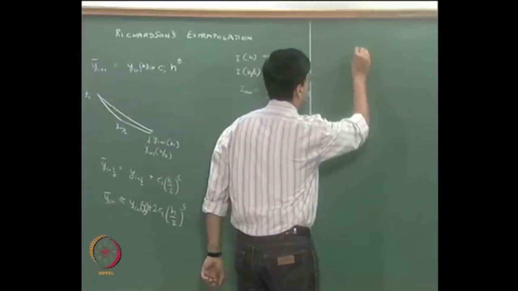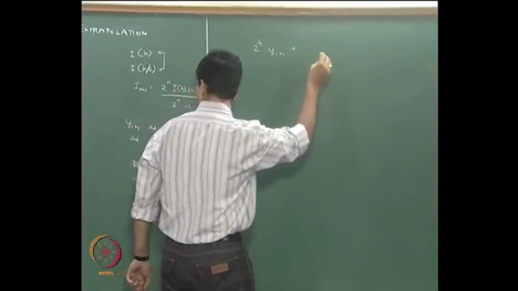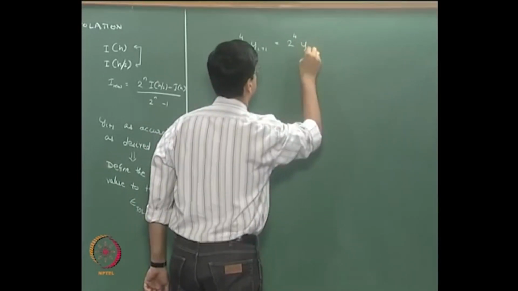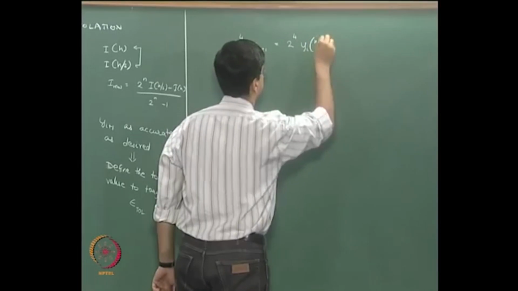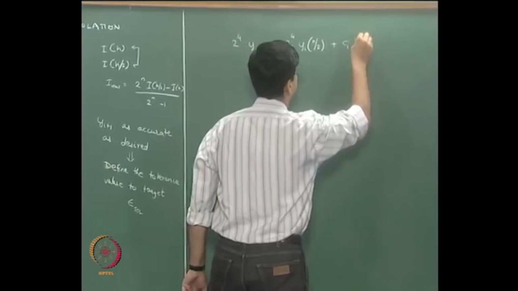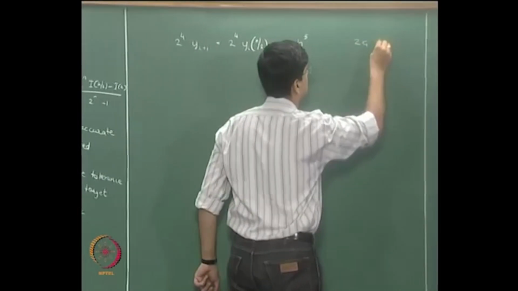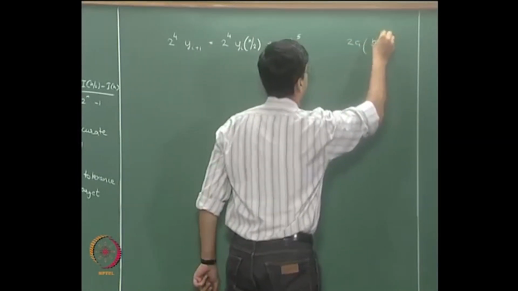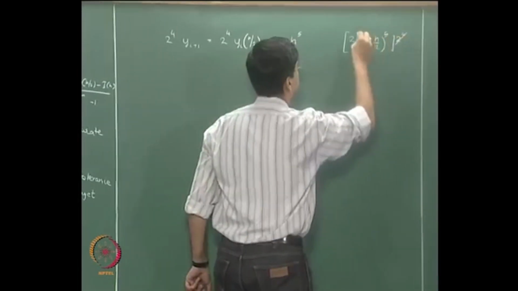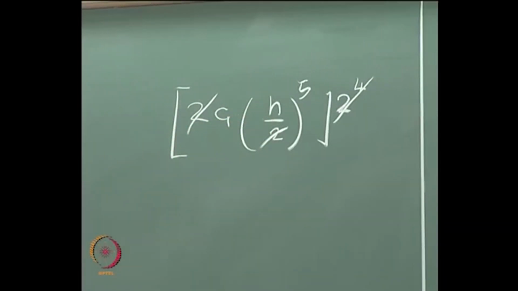So we will get 2^4 y(i+1) equal to 2^4 multiplied by y(i) at h/2 plus c1 h^5. We had 2 times c1 (h/2)^5. When we multiplied this with 2^4, all this got cancelled away and we were left with c1 h^5.